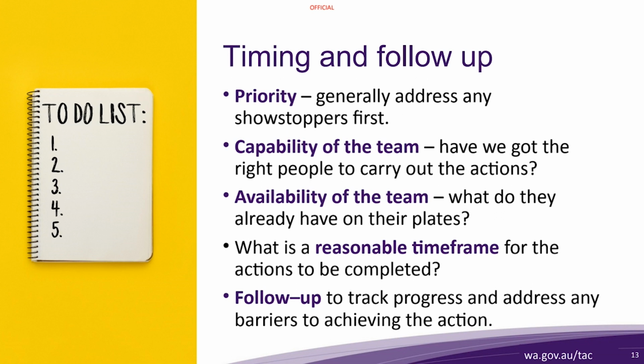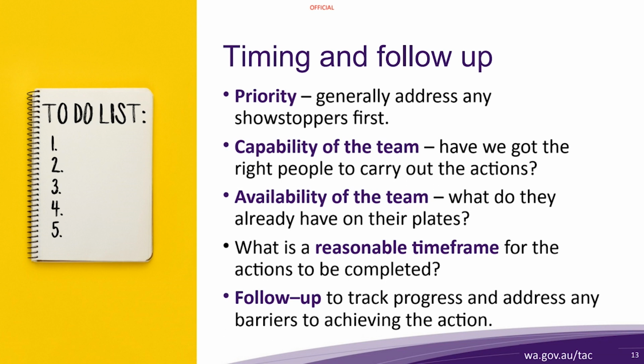So you've got to think about the capability of the team or the people. So have we got the right people to actually carry out those actions? And if we do have the right people, have they got availability to do it? So what have they already got on their plates? And when we add these actions on top, are their plates going to overflow? Because we have to take care of the people in our team.